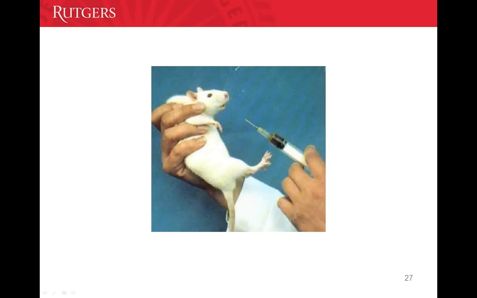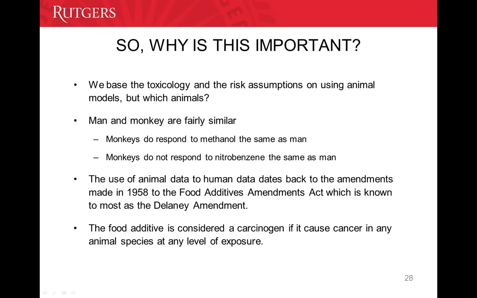And so when we do our studies, of course, to try and determine what is toxic, they're typically done on animal studies. Rats and mice are the most popular ones. It's important because the animals become models or surrogates for you and me. We base the toxicology and the risk assumptions on animal models.